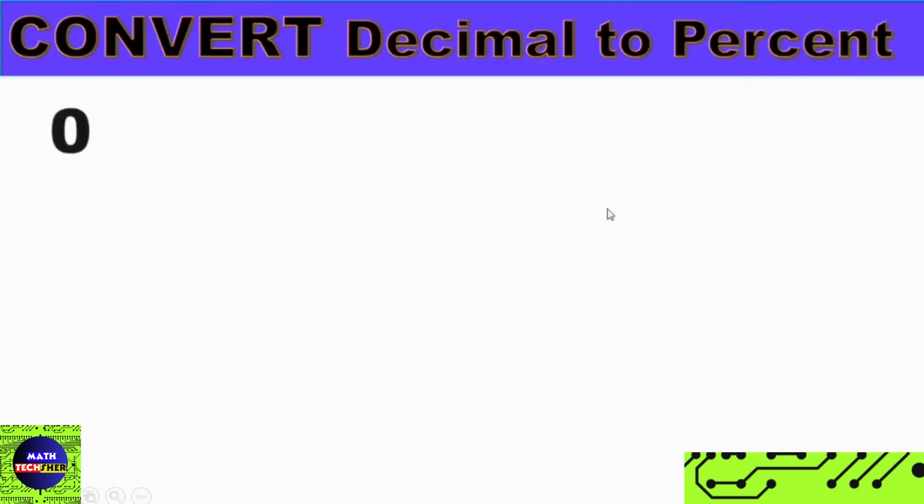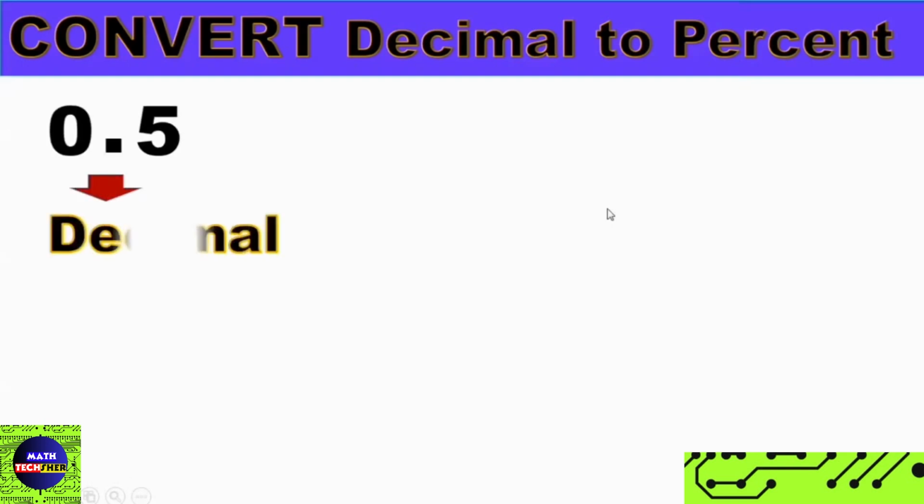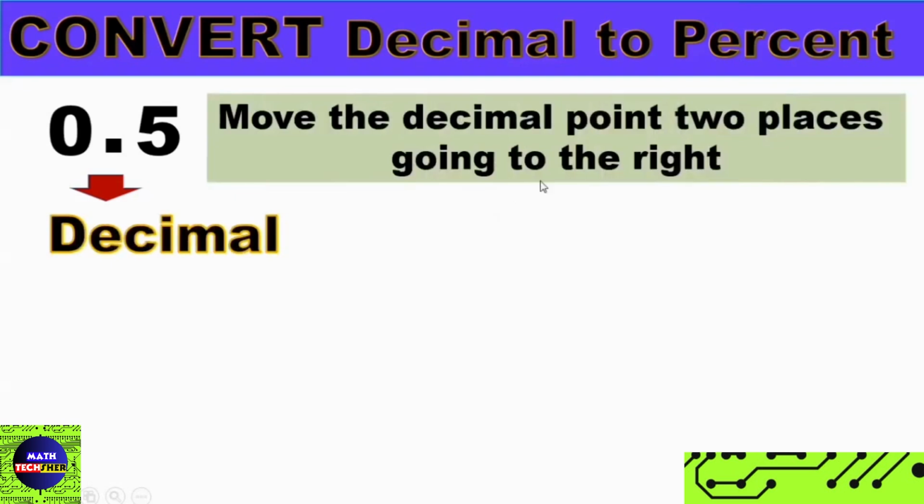Okay, so this time, we're going to convert decimal to percent. Okay, so the first one is 0.5, which is the decimal. The first step is to move the decimal point 2 places going to the right. Now, 0.5, we move the point going to the right, 1 and 2.